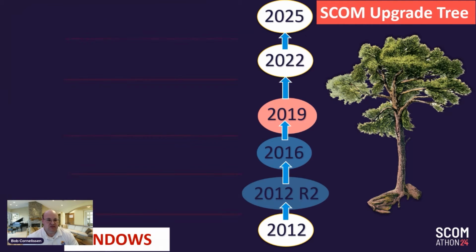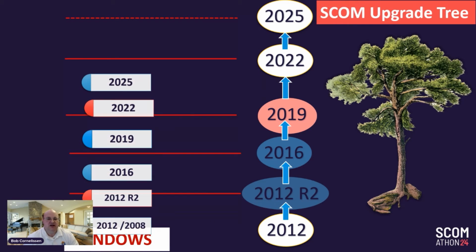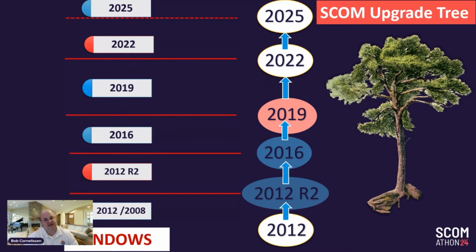So here we have the SCOM versions again, and now we will add the Windows versions that it can run on. Where are they? Here they are. A SCOM version listed on the right supports running on the Windows and SQL versions right above and below the red line. So if we take SCOM 2022, it will run on Windows 2019 right below the line and Windows 2022 right above the line.